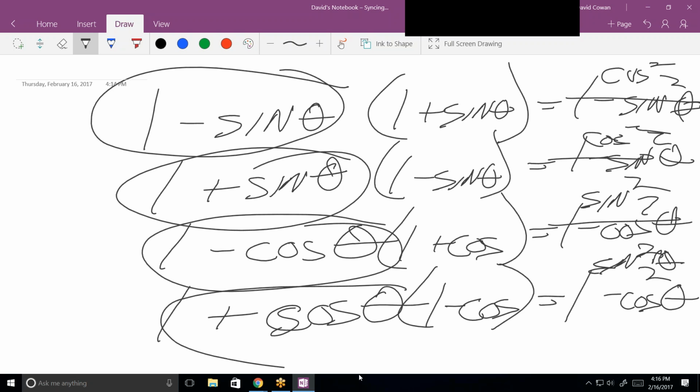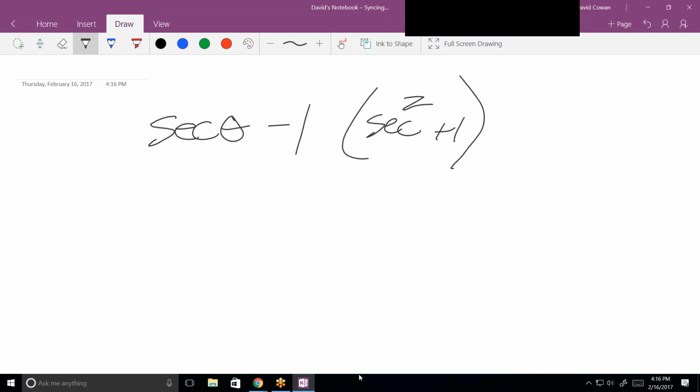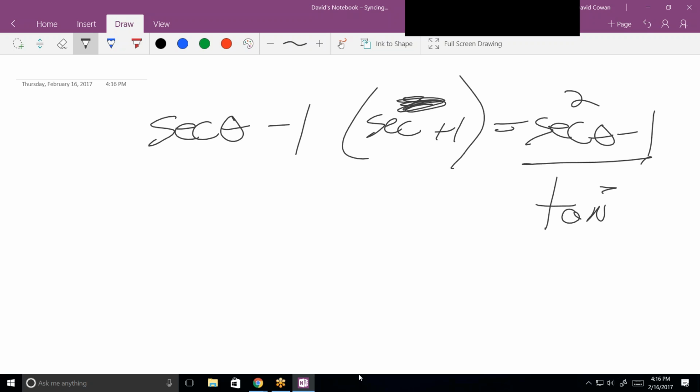And not just with sines and cosines, but secant theta minus 1. If I ran into that, well, I would want to multiply it by secant theta plus 1. Why? Because that turns into secant squared theta minus 1, and that I can replace with tangent squared of theta.